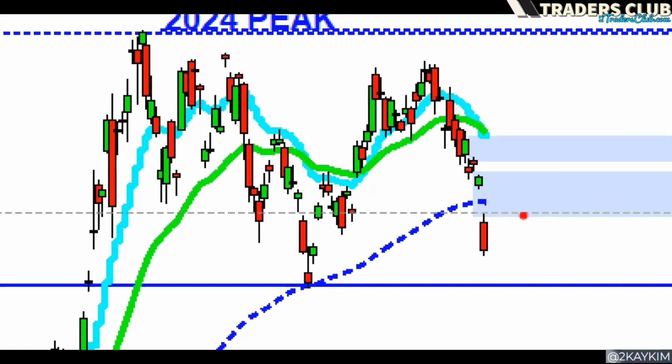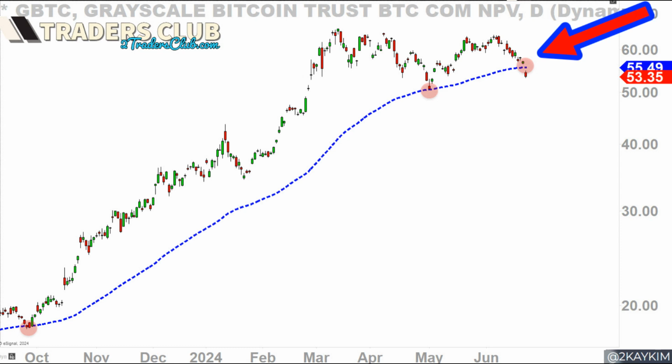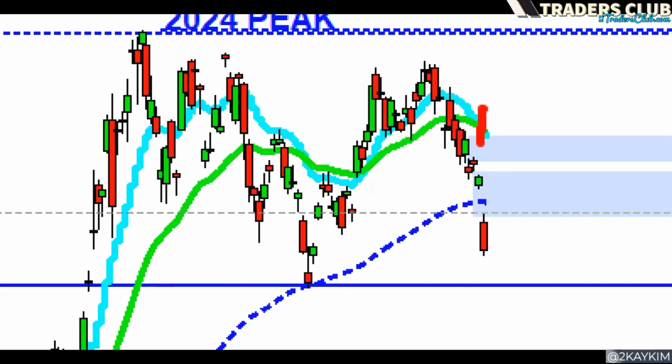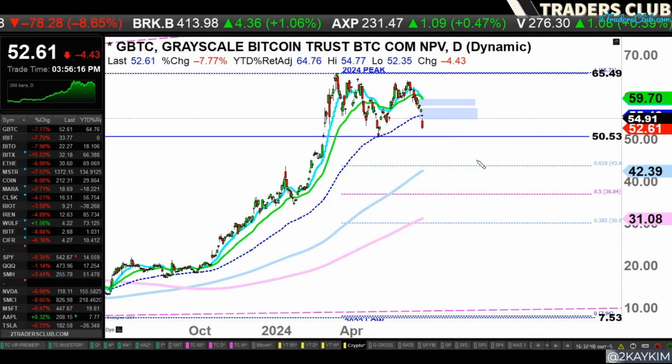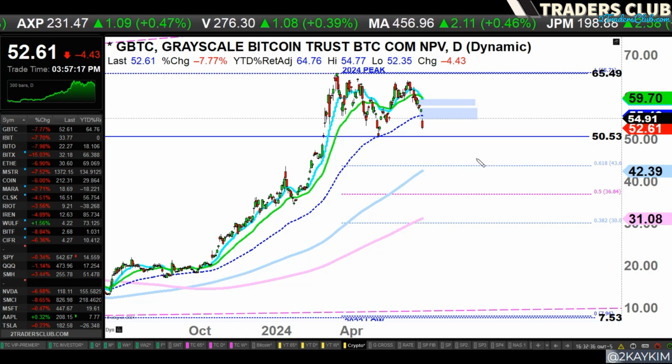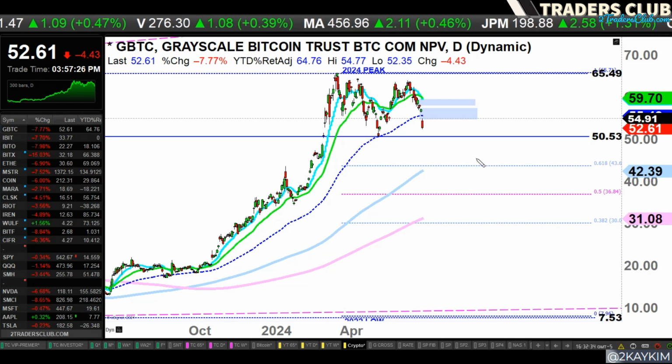Then we came down, and I was just emphasizing this fact on my X account today, letting you guys know that we've broken below that midterm with the down gap. So now we've lost both of these micro and short-term moving averages for a couple weeks now, and we've also lost that midterm. Obviously, it's been only one day that we're below the midterm, so it could be some sort of shenanigan. Bitcoin gaps up tomorrow, or GBTC gaps up tomorrow, and it reclaims.